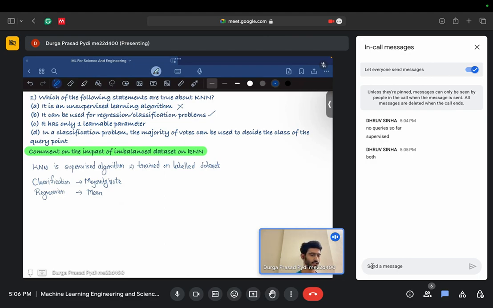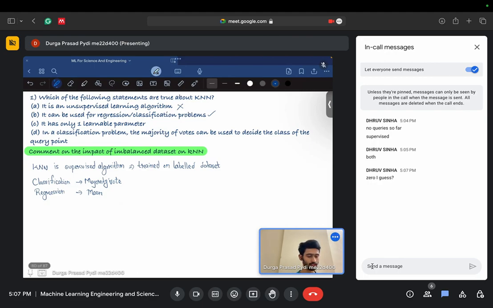Is the question clear? How do you train a KNN algorithm? In that training process, are we learning any weights or parameters? Zero. KNN doesn't have any parameters that you learn.